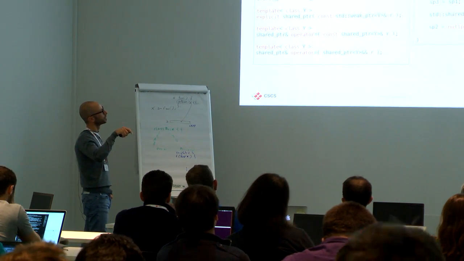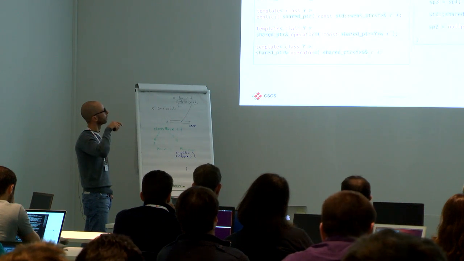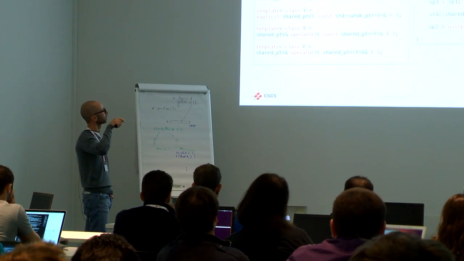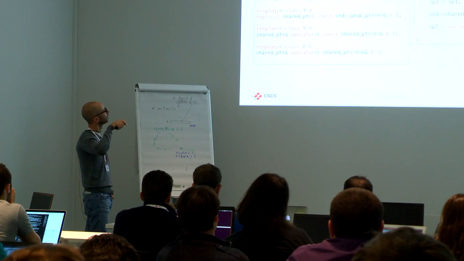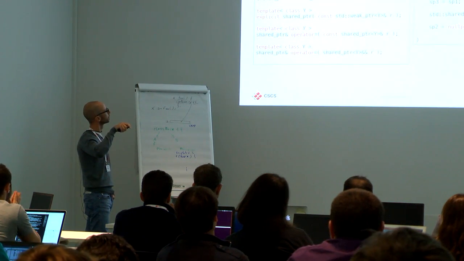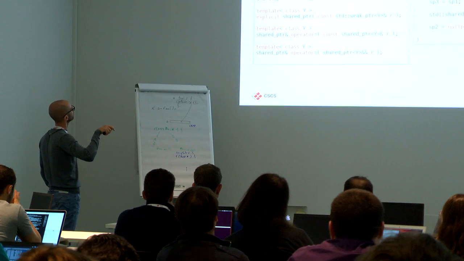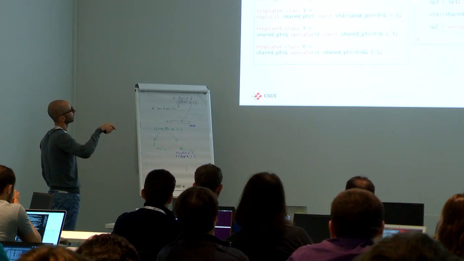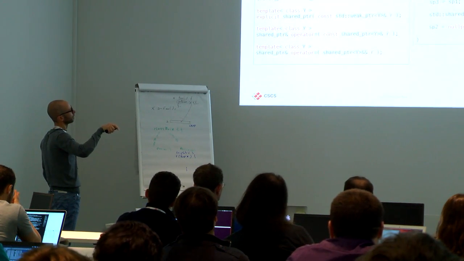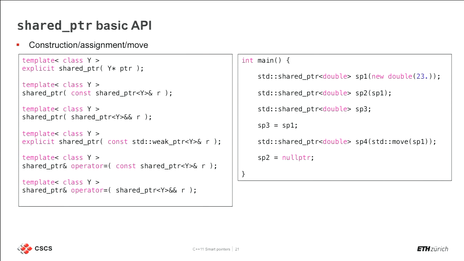As I told you, this line corresponds to the call to the constructor that takes in input a raw pointer. Then in this case, we are using the copy constructor with the shared pointer, which should be this one. This is the default constructor. I forgot to add it to the list, but basically it is creating a shared pointer to nullptr, so you don't have the resource manager, and you don't have the allocated resource, of course.